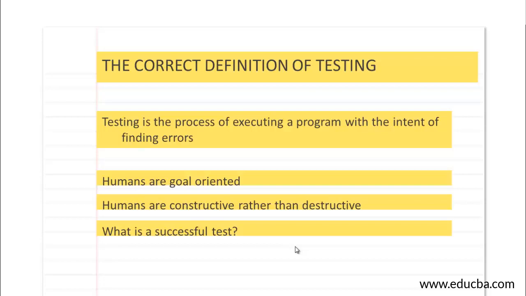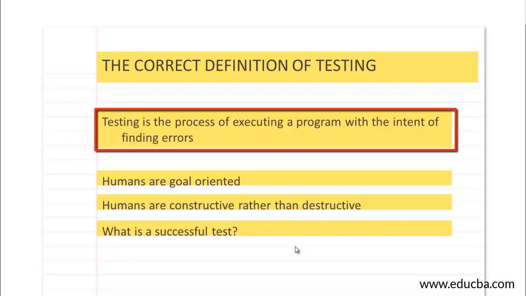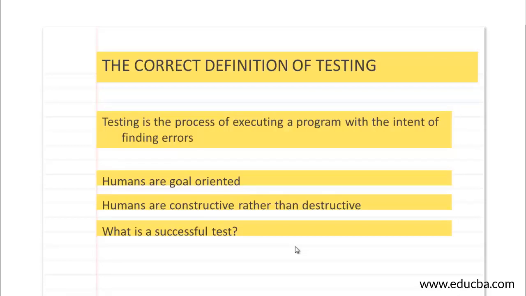Now, let us look at the correct definition of testing. Testing is the process of executing a program with the explicit intent of finding errors. This is more than just a change in semantics compared to the previous definitions. The first major distinction is that of the goal.